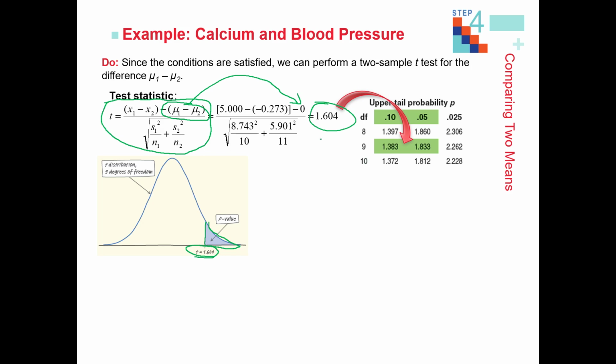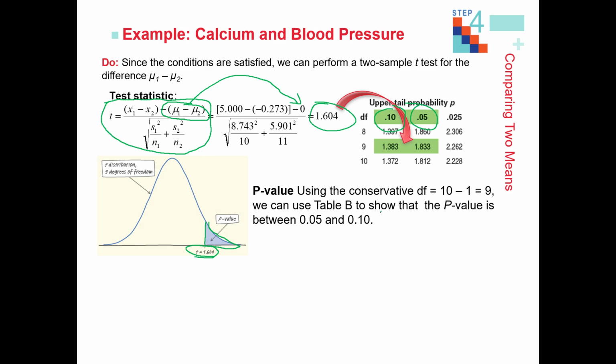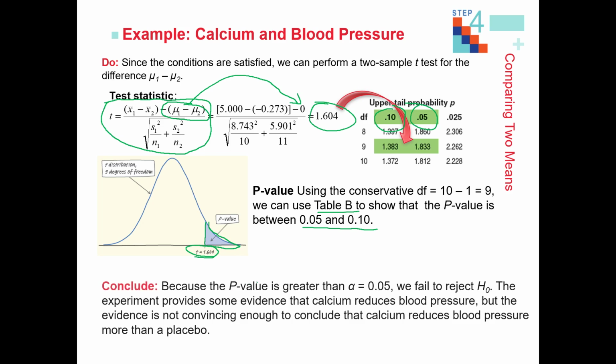So with a t-score of 1.604, if we use table A, or one of the tables, that's going to fall between 0.1 and 0.05, meaning we are not under that 0.05 mark. So if we use that, we can use table B to show that the p-value is between 0.05 and 0.1, which means because the p-value is greater than alpha of 0.05, we fail to reject H0.